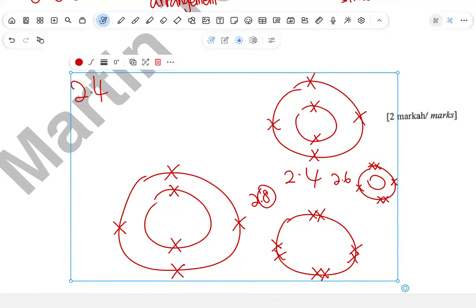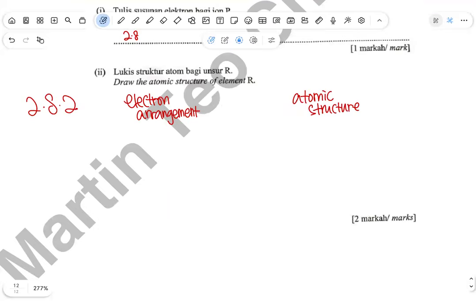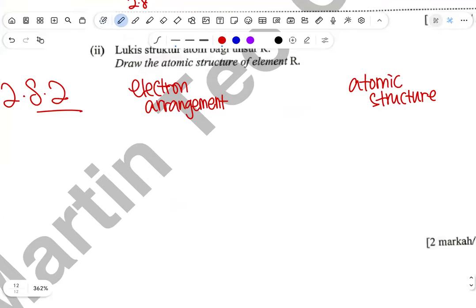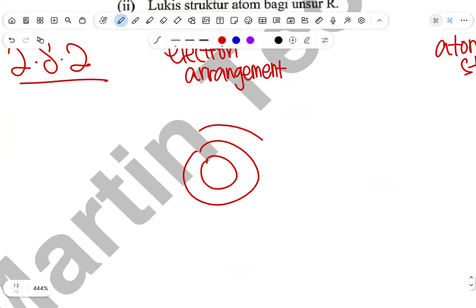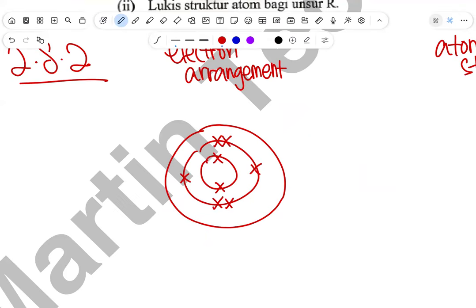So now let's have a look. Electron arrangement 2.8.2, so you must draw 3 circles. First circle, put 2 electrons. Second circle, put 8 electrons. And then the third circle, the 2 electrons cannot be put next to each other, they must be far away like this.